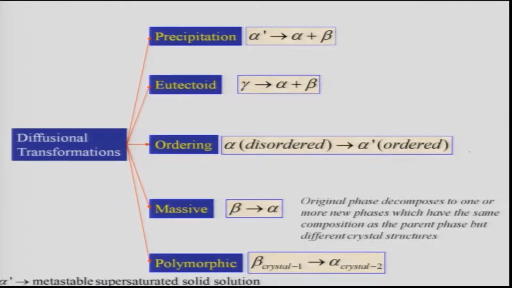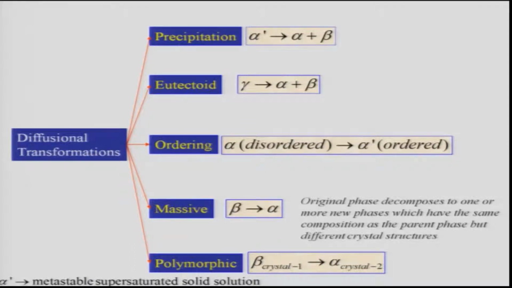You can also have a transformation known as ordering, where alpha, which is a disordered state, can go to an ordered state. That also needs the movement of atoms from one part of the crystal to the other. You can also have a massive transformation, in which there is no compositional change, only beta goes to alpha. Or you can have a polymorphic transformation, which is very common.